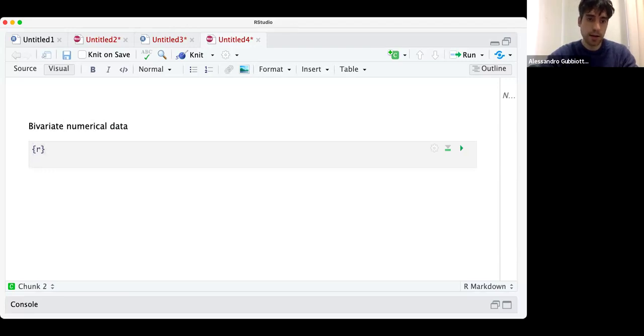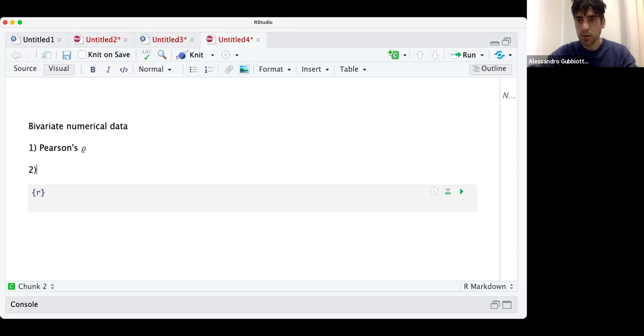One was Pearson's rho, which is the most used. It is very good for linear data, that is, data that distributes as a cloud of points.